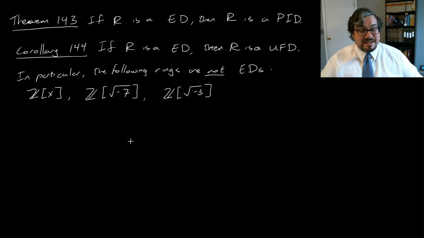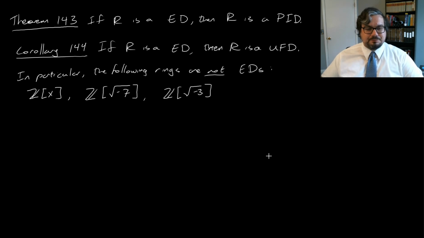It's not a unique factorization domain, and so it's not a Euclidean domain. So the easiest way to see that a ring is not a Euclidean domain is not to show that there doesn't exist a Euclidean measure, but to show that it's not a principal ideal domain. Unfortunately, this doesn't completely solve the problem because there do exist principal ideal domains which are not Euclidean domains, although their construction is a little more complicated than we're able to get into here.